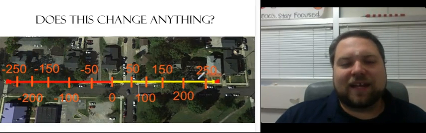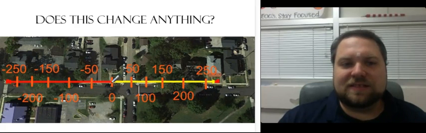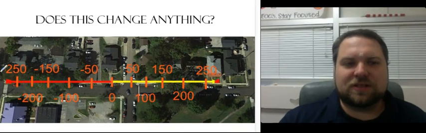And that is in fact exactly what I want you to see from this, is that negative signs just give directions. So the distance doesn't actually change. It's just the direction that changes with this sign.